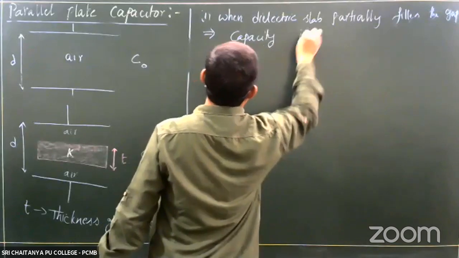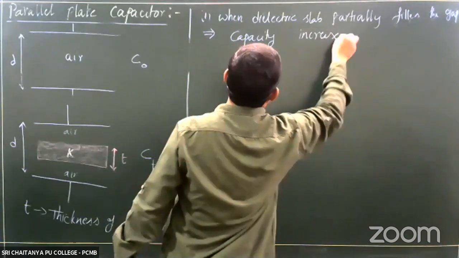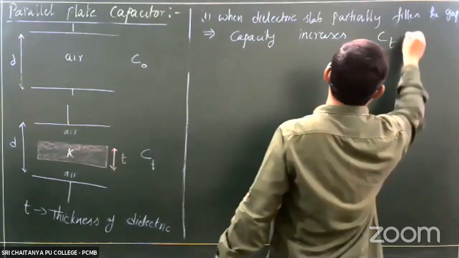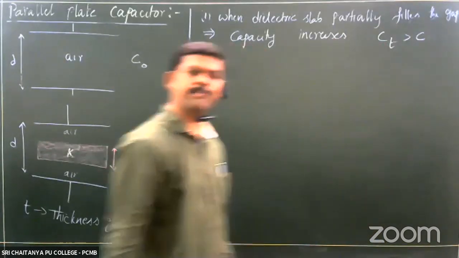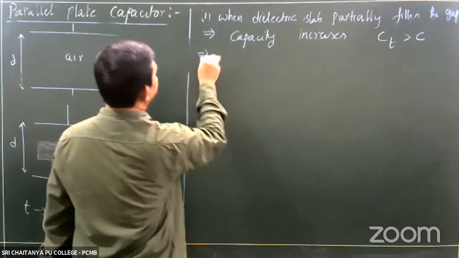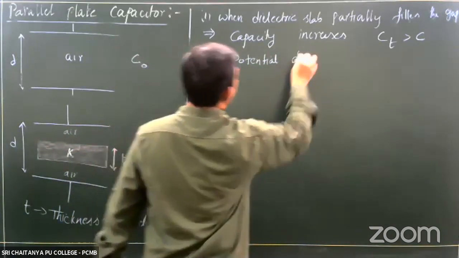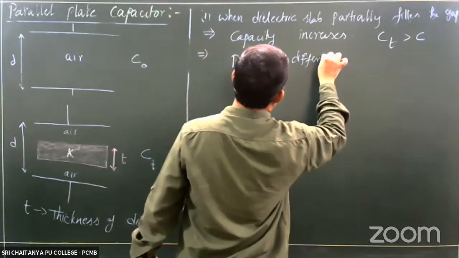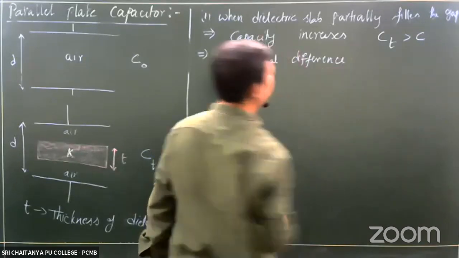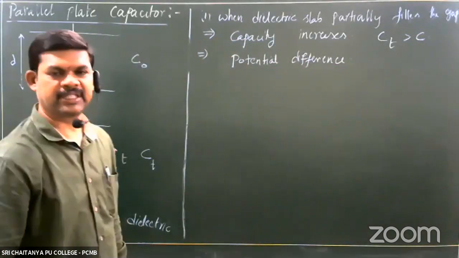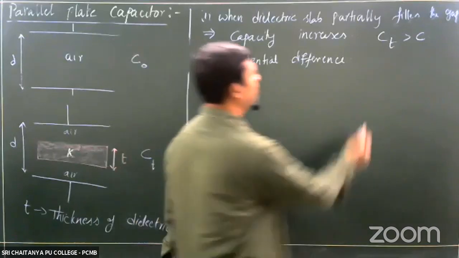Capacity increases. Ct is greater than C naught. Second question, what happens to the potential difference between the plates? Let the potential difference be V.